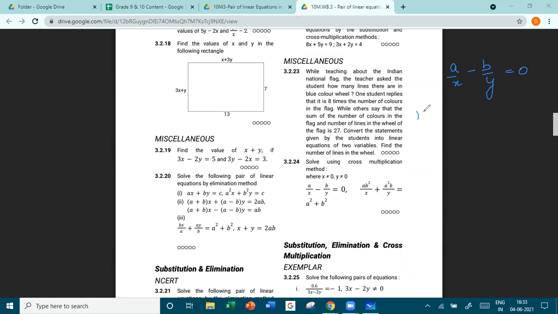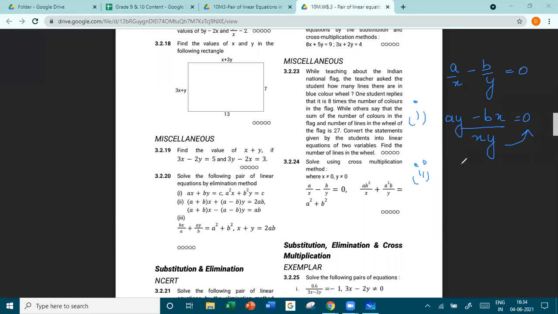I said there are two ways to solve such questions where the variables are in the denominator. One is you cross multiply, that is, take the LCM, so it becomes ay minus bx by xy is equal to 0. Then you can take the denominator to the RHS and get rid of it. That is one way to do.